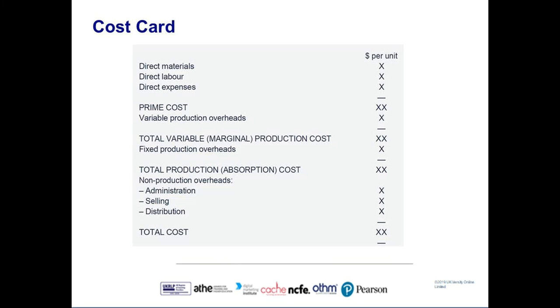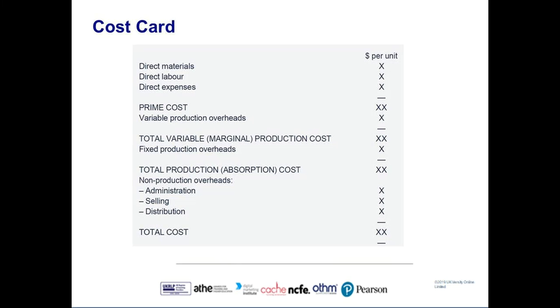Those expenses we can trace to a product are called direct cost. Direct cost is also known as prime cost. So if you hear the word prime cost, don't worry. It means direct labor, direct material, and direct expenses, which give you the prime cost.